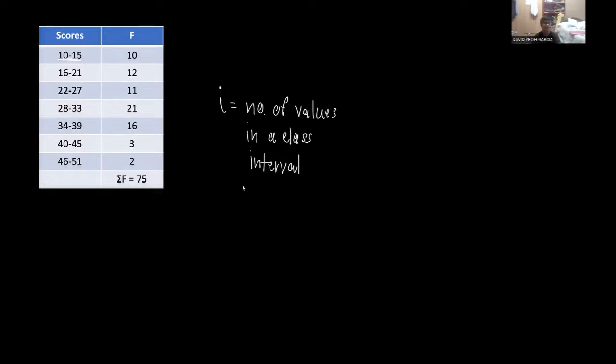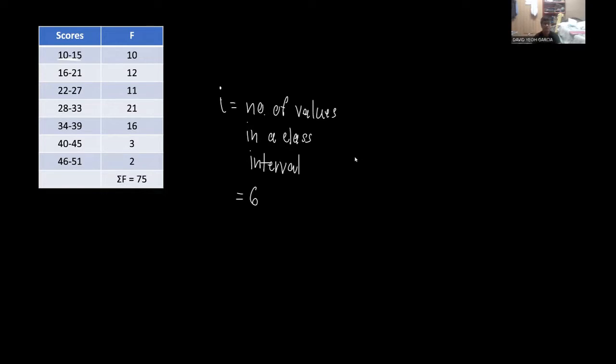So I have 6. There are a total of 6 values in a class interval. That means other intervals also have 6 values, just like this one: 16, 17, 18, 19, 20, 21. See? So there are 6 data given in a class interval.